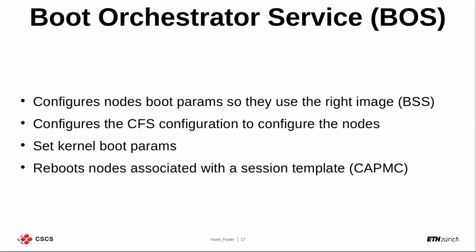By using this service, basically you are going to tell Alps or CSM, I have these nodes that belong to this cluster, which is an HSM group with name X. And I want these nodes to boot with this image, then finish configuring them and reboot them to apply this new configuration.